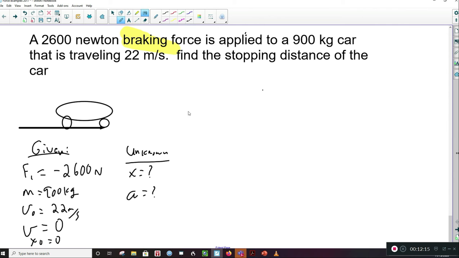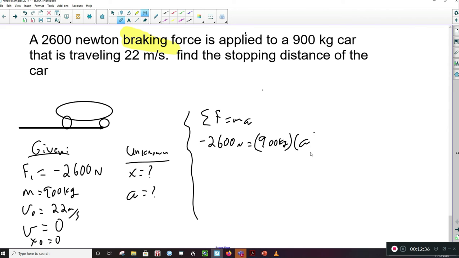So just like the other ones, we're going to end up using sigma F equals ma. And my sigma F is going to be negative 2,600 newtons, the only force acting on it, equals 900 kilograms times a, and the a is what I'm after.